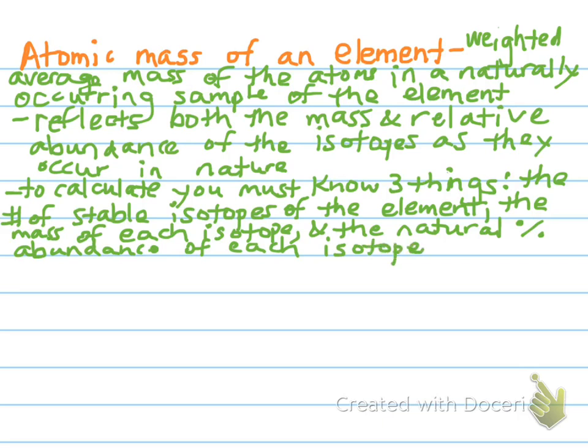So three things you have to know to be able to calculate these. First off, how many different isotopes there are that are stable, what the mass of each of those isotopes is, and then what is their natural percent abundance.